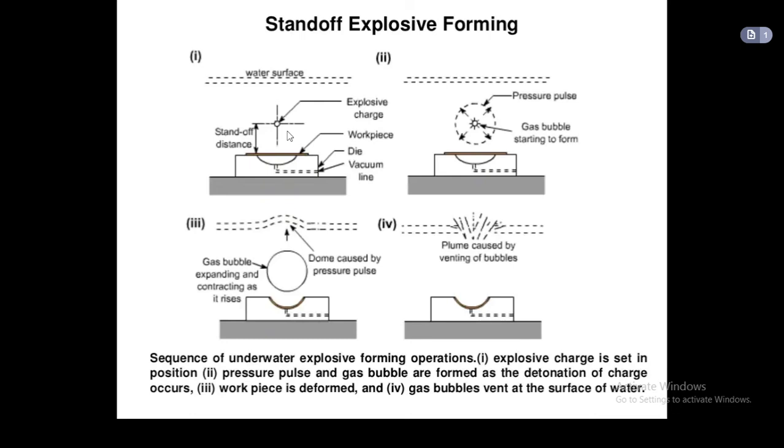So by slightly increasing the amount of charge, the spring back effect can be eliminated. This is one method, and the correct use of the correct material for the die also eliminates the spring back effect.